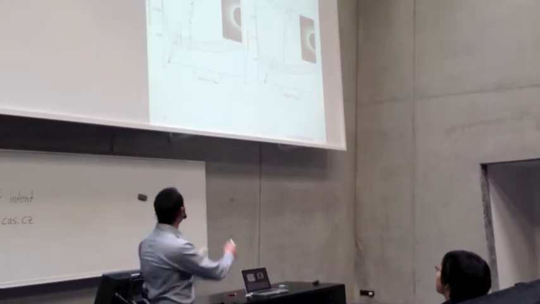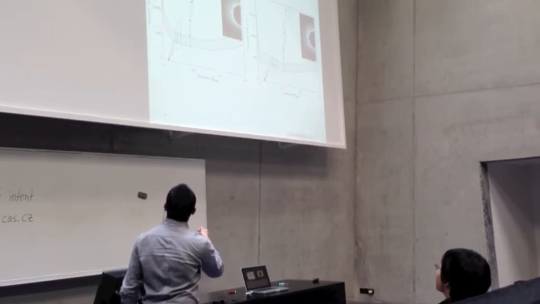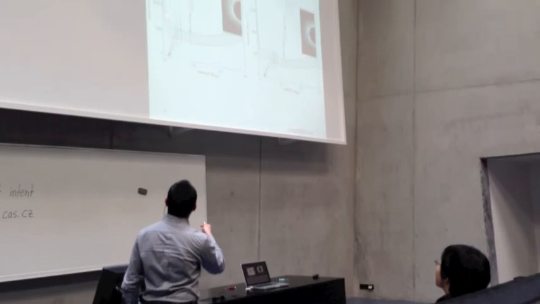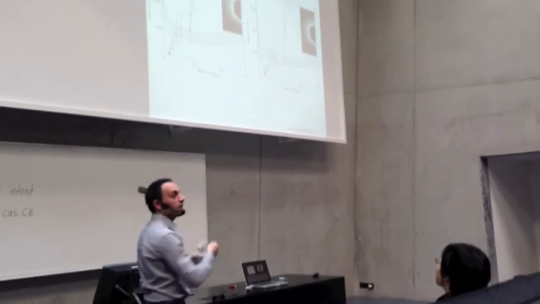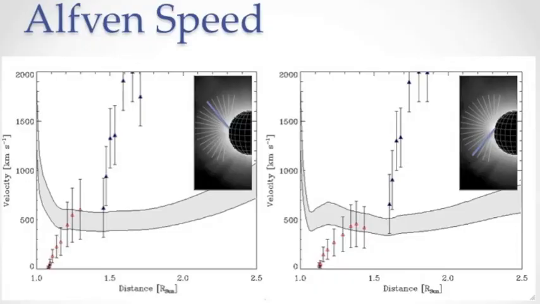Now here, just to conclude, because I have a little bit of time, I also show how the Alfvén speed behaves. This is the velocity versus distance, and this region here is the Alfvén speed calculated at plus or minus 20%, just to have an idea of the region. This is the SDO CME, and this is the velocity of the type 2. As you can see, it is super-Alfvénic, at least it started to be super-Alfvénic when the emission starts, and it rapidly accelerates.